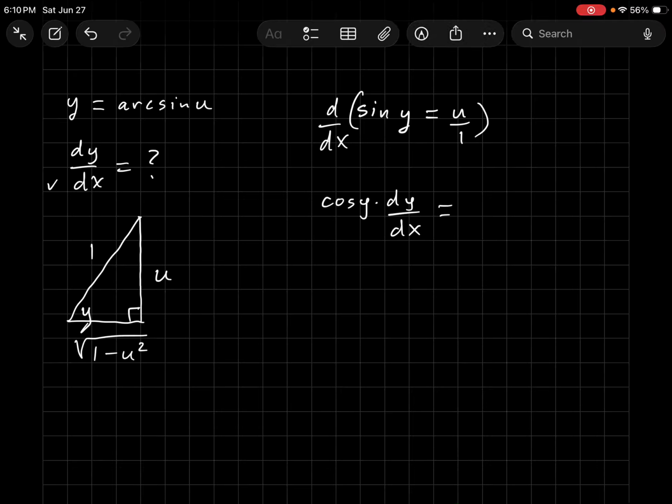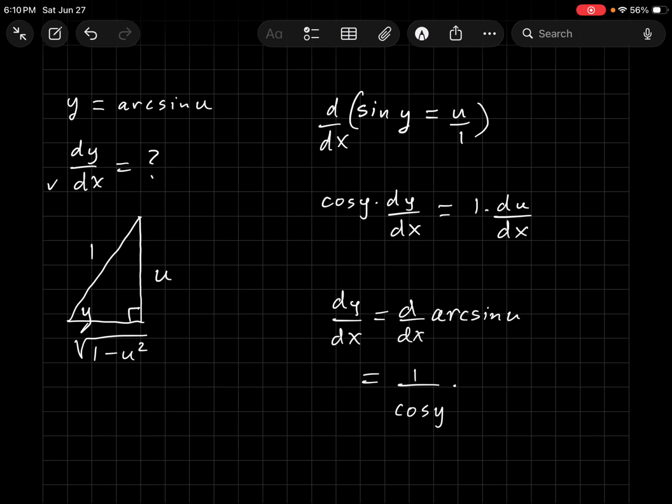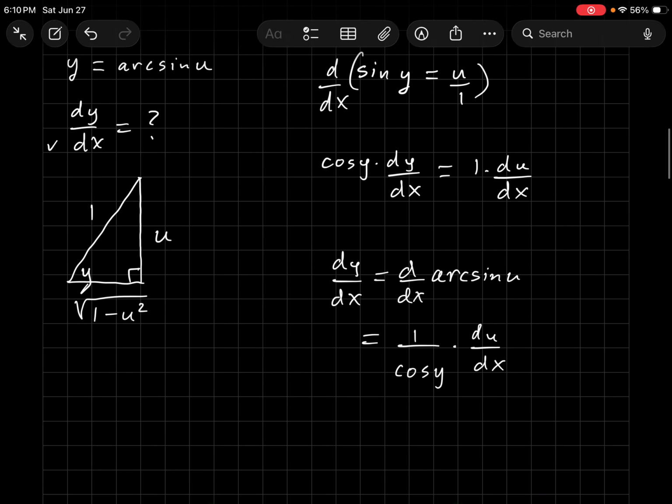The derivative of u is 1, but my variable doesn't match there either, so we have the chain rule times du dx, which means that dy dx, the derivative of the arcsine of u, equals 1 over the cosine of y times du dx, where the cosine of y is root 1 minus u squared, just like, or similar to, the problem before it, and then times du dx.